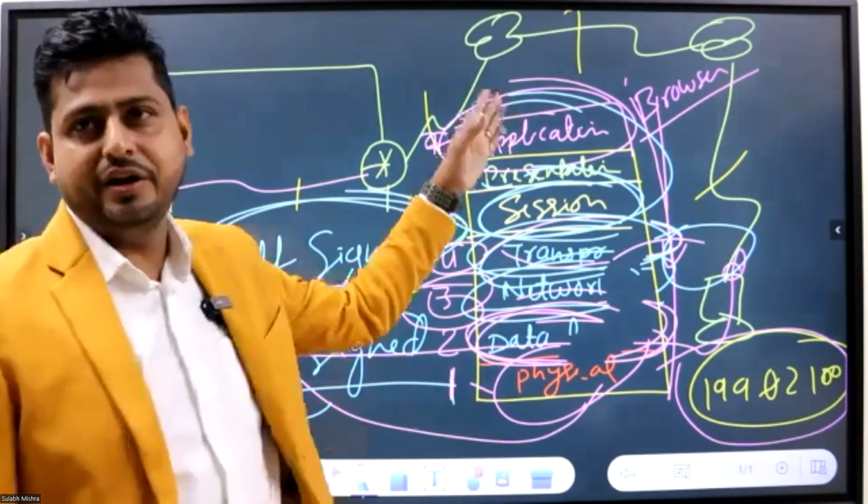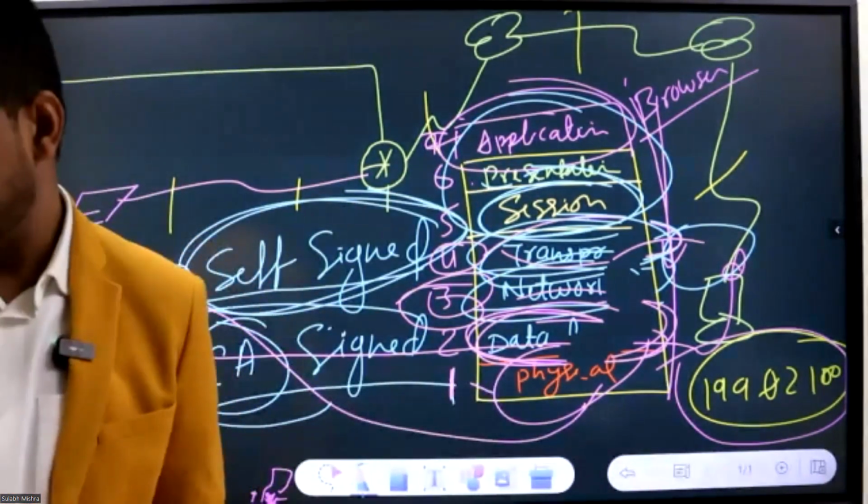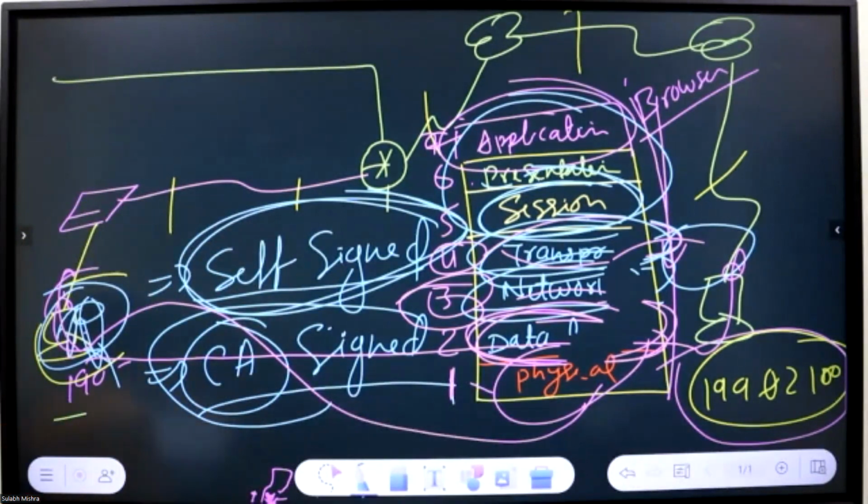Now create this model. What are those 7 layers? We use this model for troubleshooting.